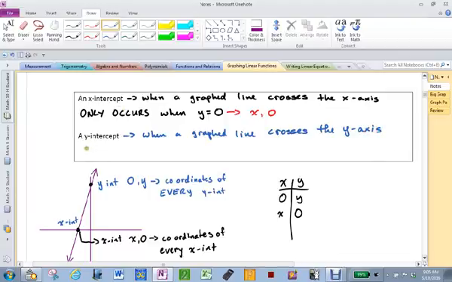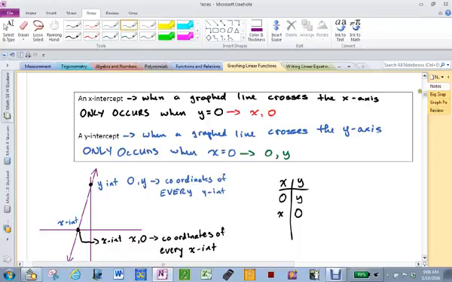Only when x equals 0. So what are its coordinates? 0, y. Do you all understand that? I can't fathom any way to make it simpler for you. Does everybody get that?